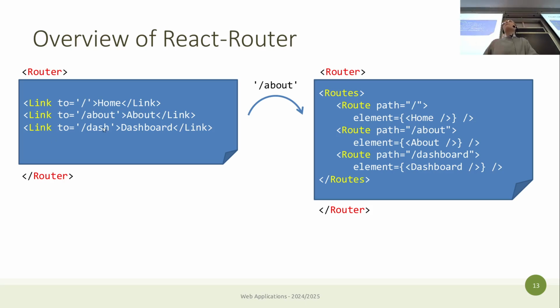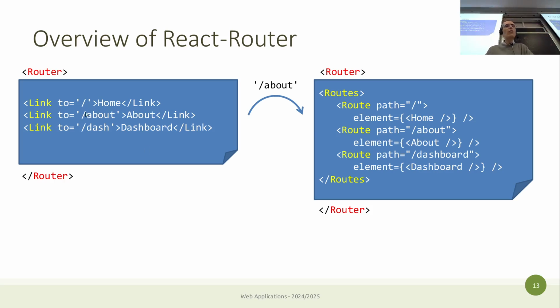Typically the user doesn't care about the URL, right? You don't read the URL when you are navigating inside an application. But it's useful for you as a designer of the application to understand what has to be shown and what's the status of the application in terms of what needs to be shown.